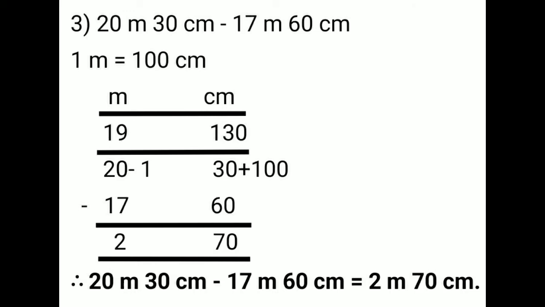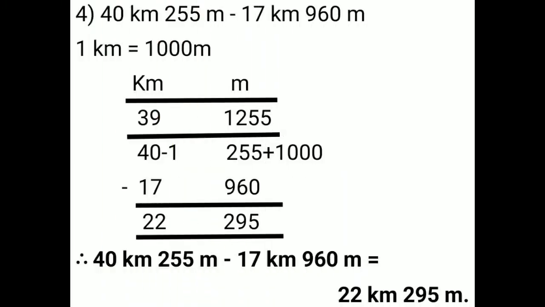So therefore our final answer will be: 20 meter 30 centimeter minus 17 meter 60 centimeter is equal to 2 meter 70 centimeter.